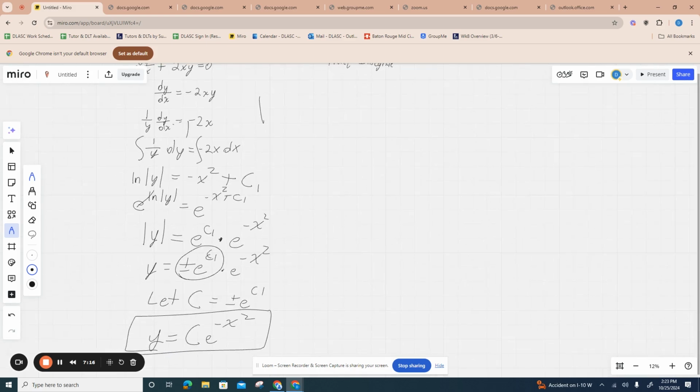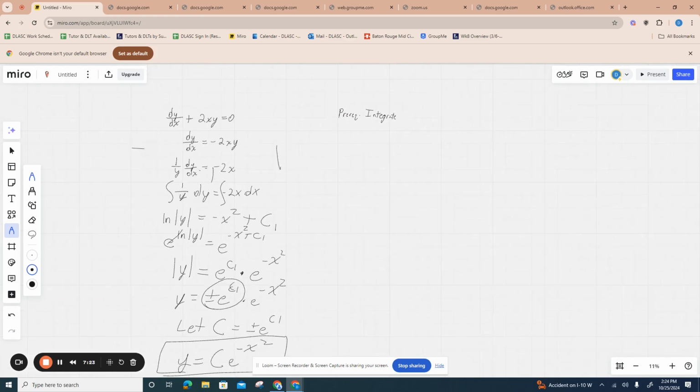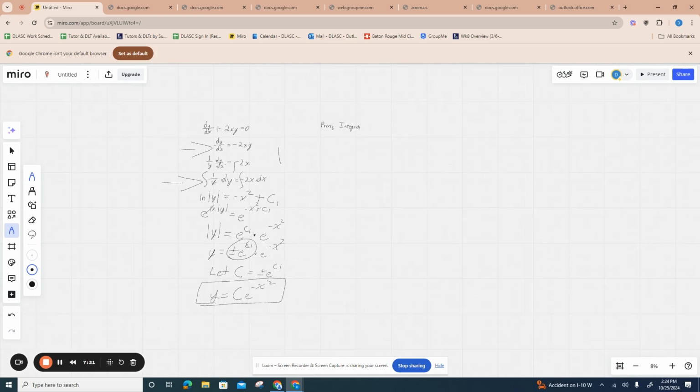But the idea in its completion is you want to separate your y's and your x's. And then once those are completely separated, you want to integrate them, as we did here. Once these are integrated, now all we have to do is clean it up and solve for y, and then we get a clean, beautiful general solution here at the bottom.